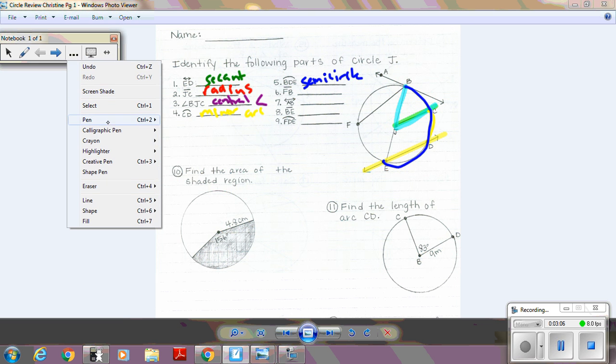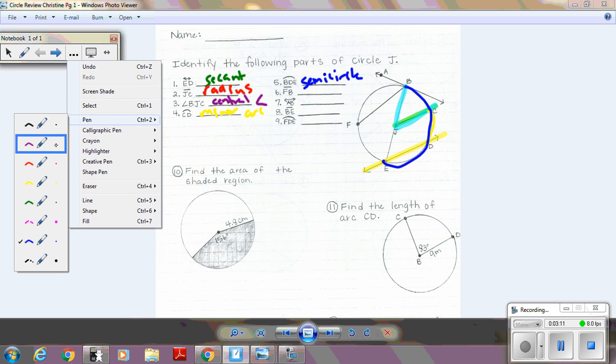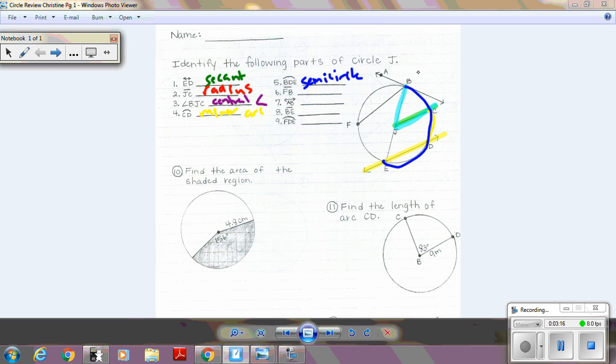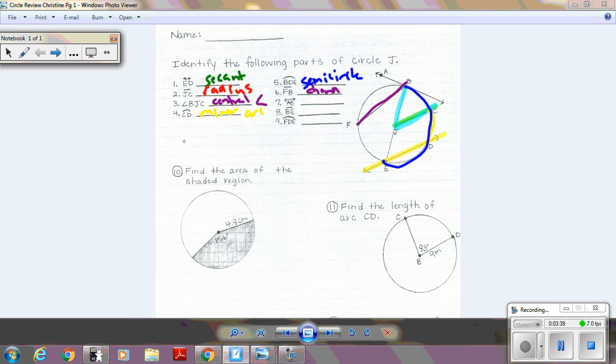Segment FB is this segment here. Since both endpoints of the segment touch the circle, it is considered a chord. Next up is line AB, which is this line out here.